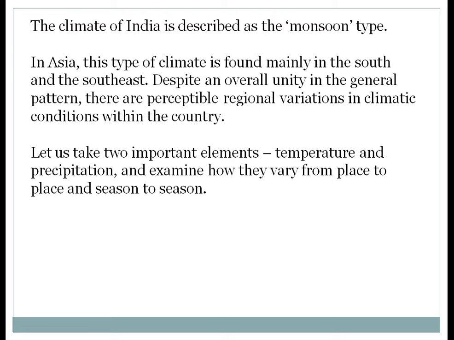Despite an overall unity in the general pattern, there are variations in climatic conditions, including regional variations. Let us take two important elements, temperature and precipitation. Precipitation means rainfall. Examine how they vary from place to place and season to season.